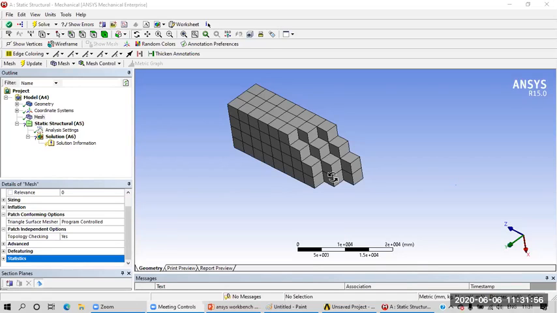In this case, let's suppose I have this beam right here, it will give me a complete result of how this beam is going to behave in any environmental condition, whether I apply a force here in the vertical direction or in the longitudinal direction. It doesn't matter how this beam is going to behave, the solver will give me the result. So as you can see, this is the solution tab here.